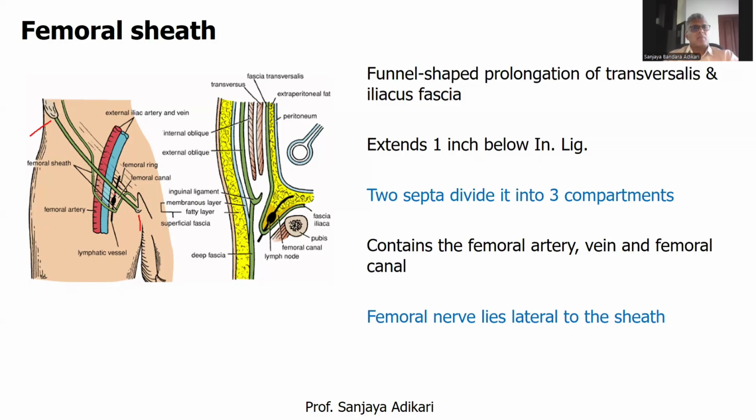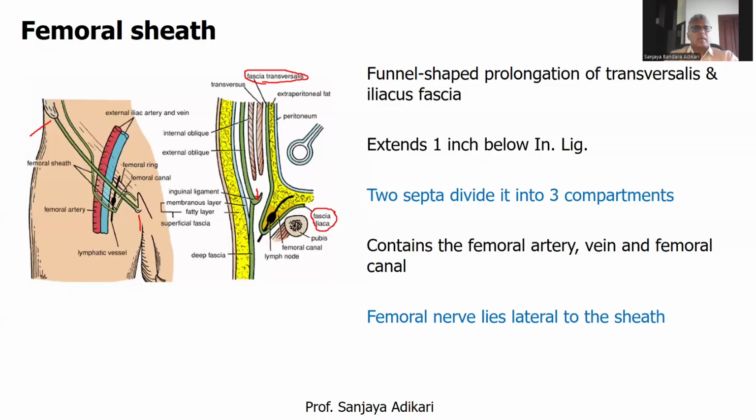The femoral sheath is formed by the transversalis fascia of the anterior abdominal wall and the iliacus fascia, which is over the iliacus muscle in the iliac fossa. These two fascial layers extend into the thigh under the inguinal ligament as the femoral sheath.